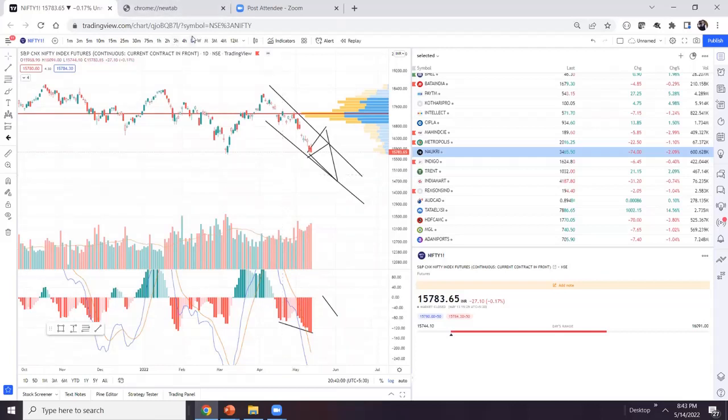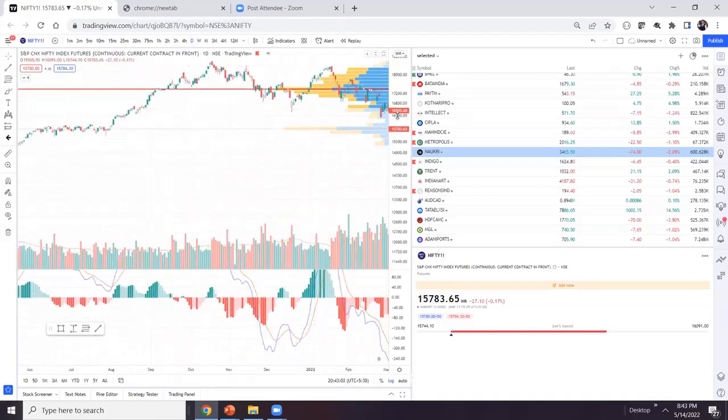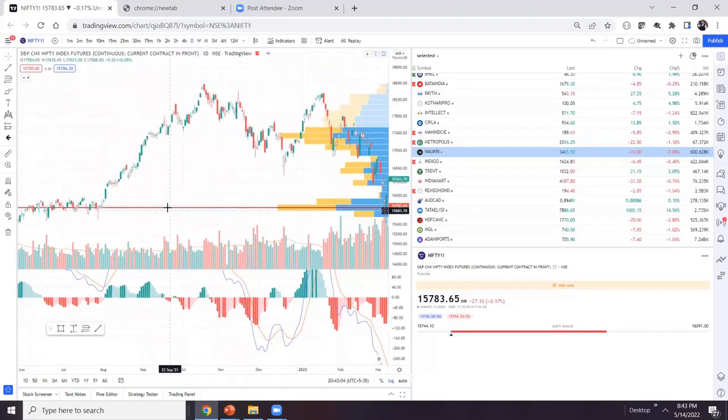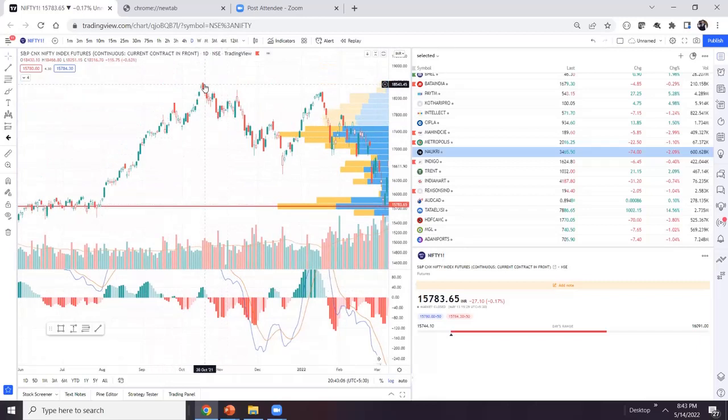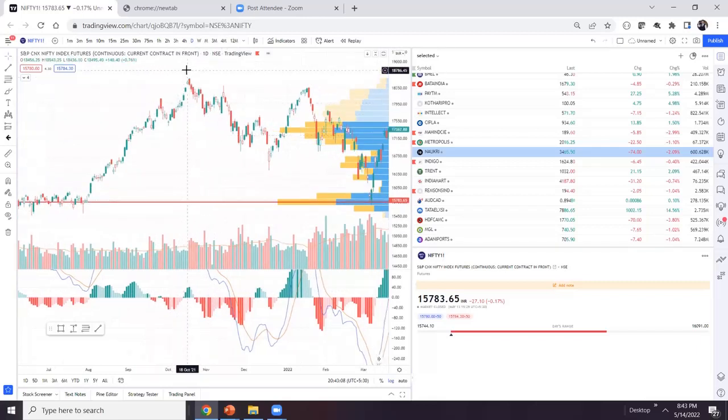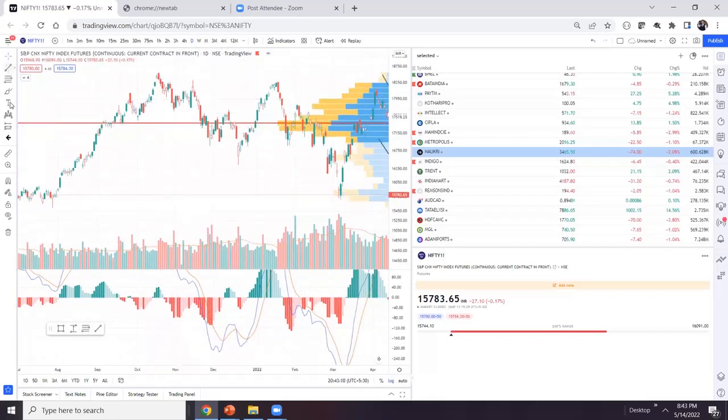See, you can do on daily also. Like you can see there is a divergence here. So this is fifth. Then we get a fast move down. This is all fast, right? Yes.